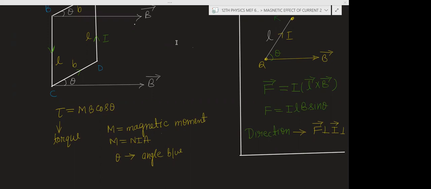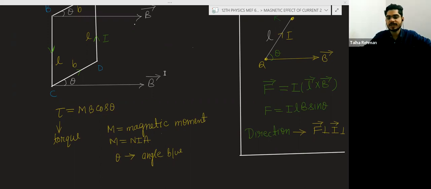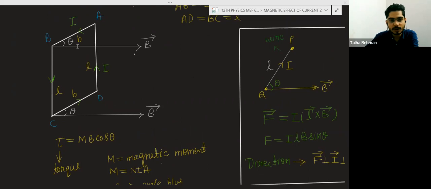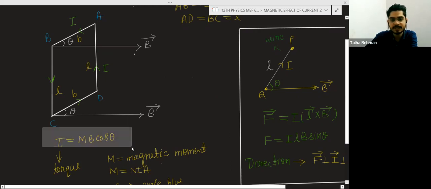I'm good. So in the last class, we have discussed what happens when you place a current carrying coil in the magnetic field. A torque will be there on the coil, and that torque is given by MB cos theta. What is M?